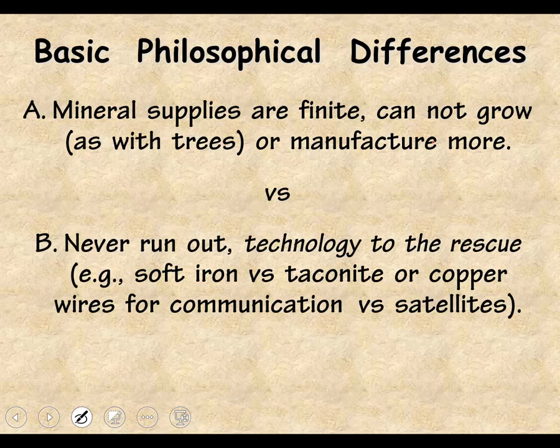Or, don't worry about it. We'll never run out because ingenuity, technology will come to our rescue. We will have substitutions. We'll have soft iron versus taconite, or copper wires for communication versus satellites, or fiber optics. That substitutions or alternatives or new sources, we'll always figure it out.